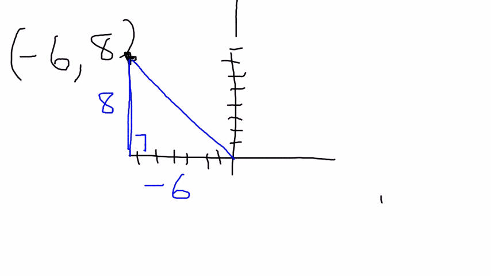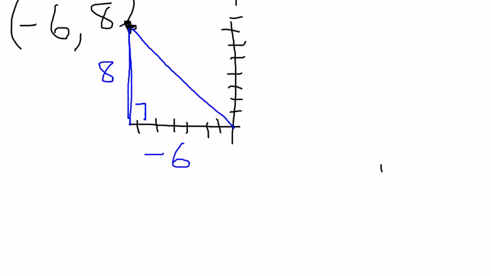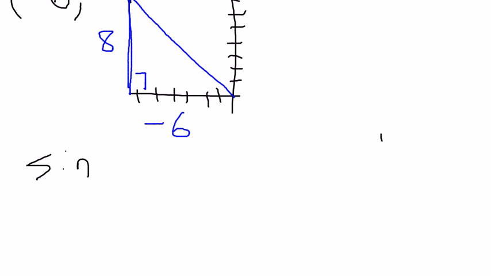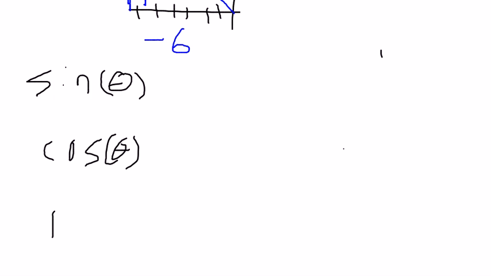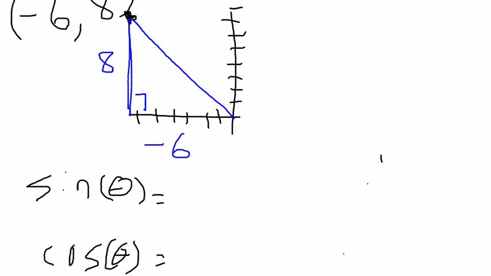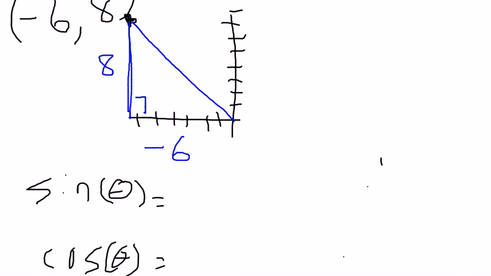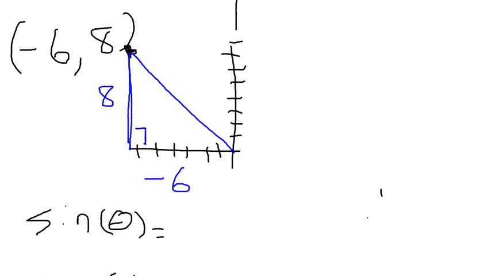So from here, I need to come up with the sine. Put it right below: the sine of the angle, the cosine of the angle, the tangent of the angle, and then the reciprocal functions. This is a little bit different than some of the problems we were doing.